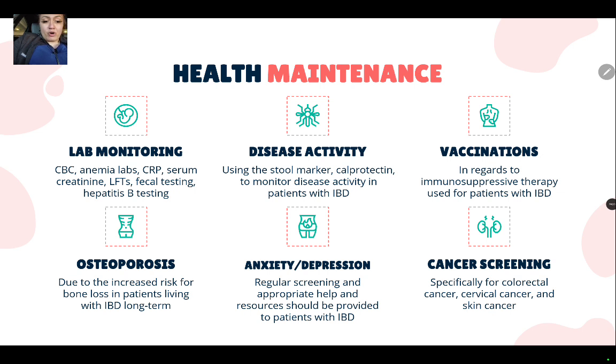Vaccinations are going to be super important in regards to those patients on immunosuppressive therapy or the biologic therapies. So you definitely want to go over this with patients, preferably before they're started on these therapies, because you want to see where they're at on their vaccinations. If patients are receiving these things, you want to recommend that they receive the non-live vaccinations of both flu and pneumonia vaccines.